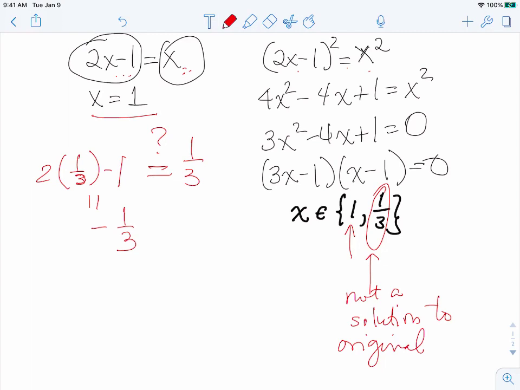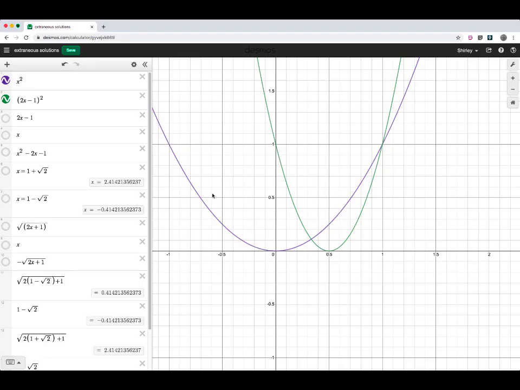So to show you graphically what's going on, we're going to plot these functions. Here you see the two quadratic functions, x squared and 2x minus 1 squared. And you see that they have 2 points of intersection at 1 and 1/3.